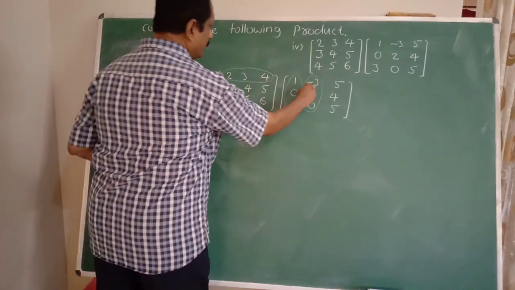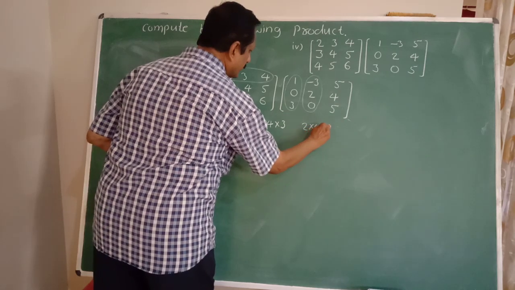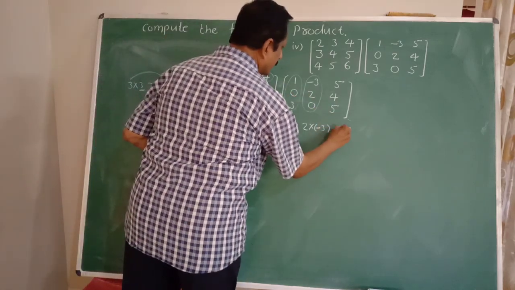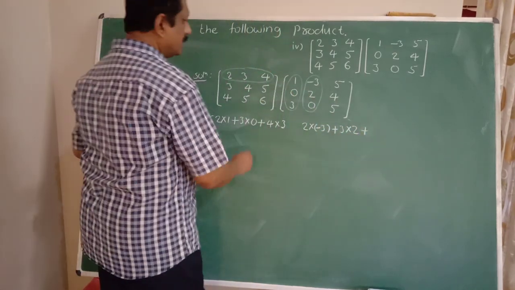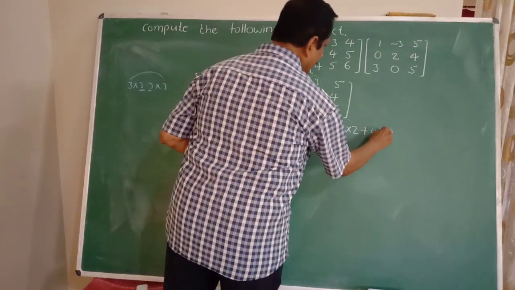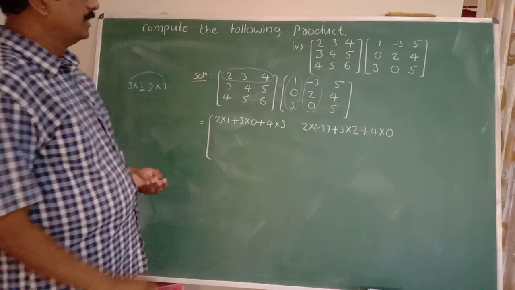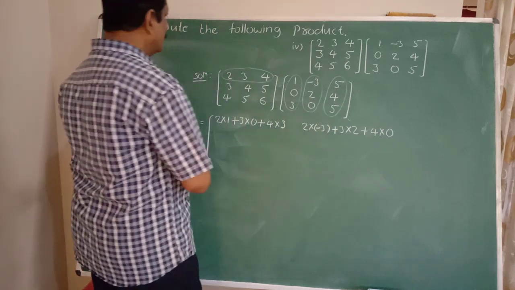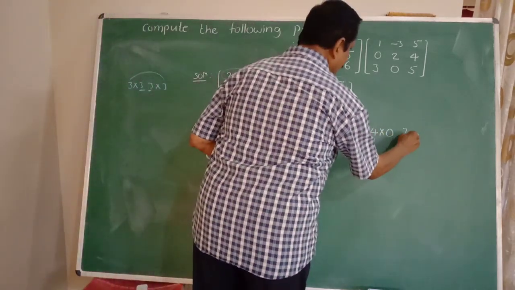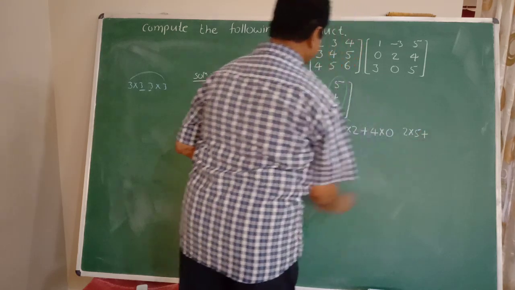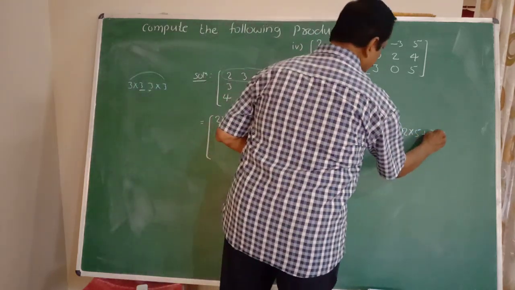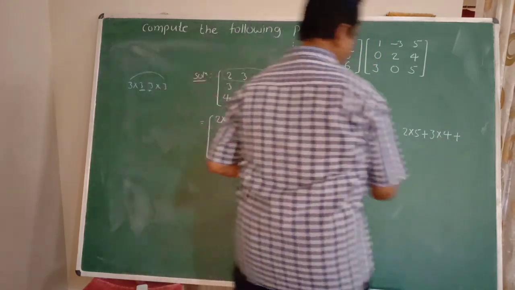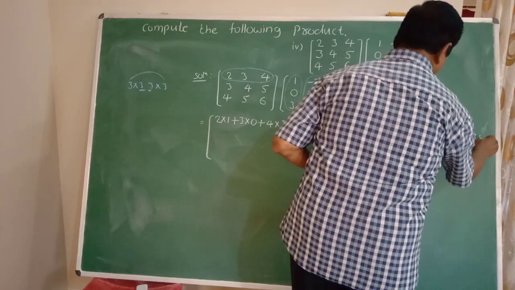So 2 into minus 3 plus 3 into 2, plus 4 into 0. Okay, next multiply this row with the third column now. Okay, 2 into 5 plus 3 into 4, plus 4 into 5.